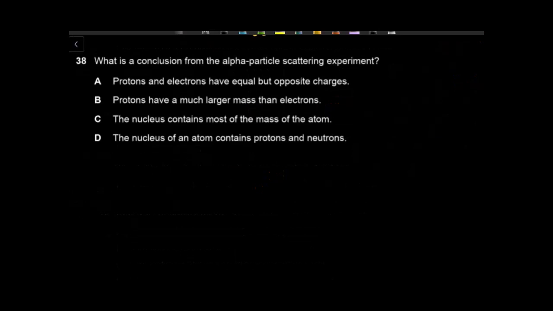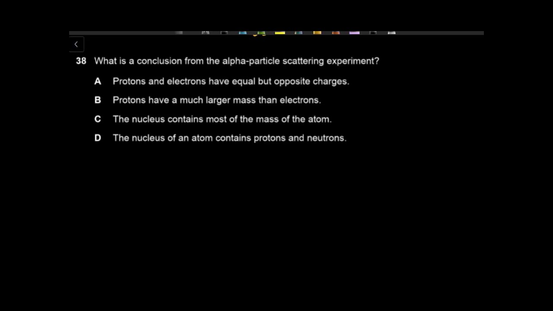38. What is the conclusion from the alpha particle scattering experiment? So we know that in an alpha particle scattering experiment, a beam of alpha particles strikes a sheet of gold foil, and it was found that most of the particles went through the foil, but a very few, maybe 1 in 20,000 particles, bounced back as though they had hit something solid.